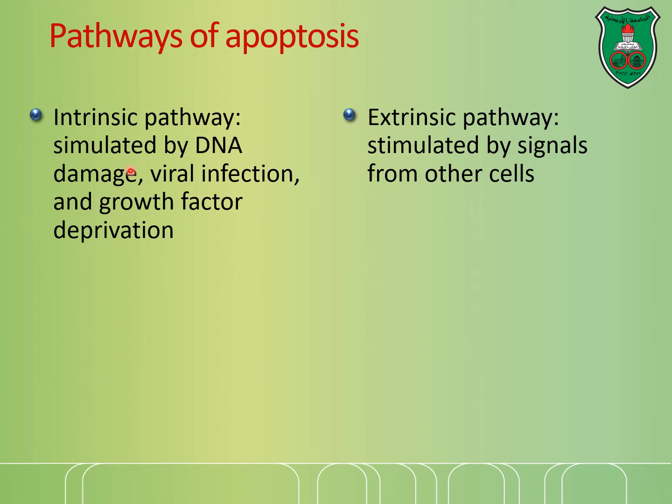So if you have DNA damage, if you have viral infection, or if there is deprivation of certain growth factors, that is, the environment is not suitable for cells to stay alive. Now, the extrinsic pathway is something that induces cell death from the outside of the cell.